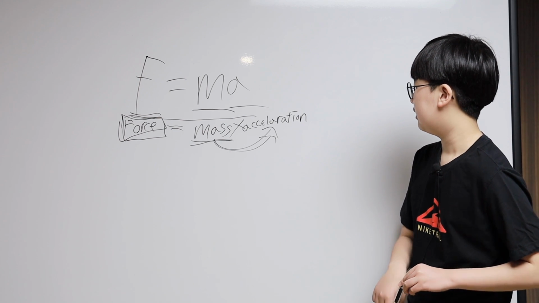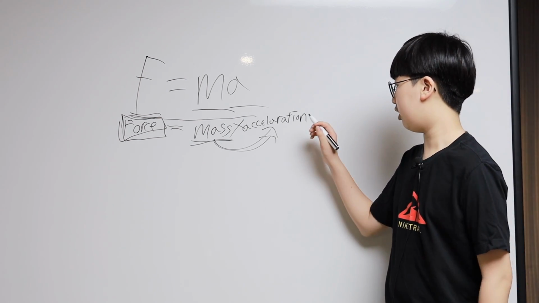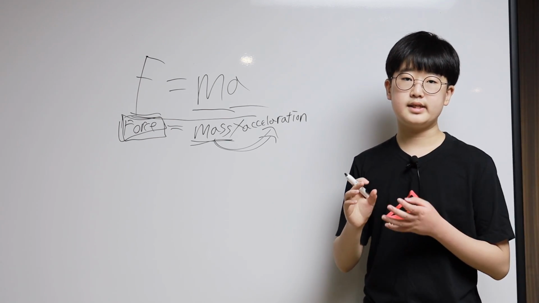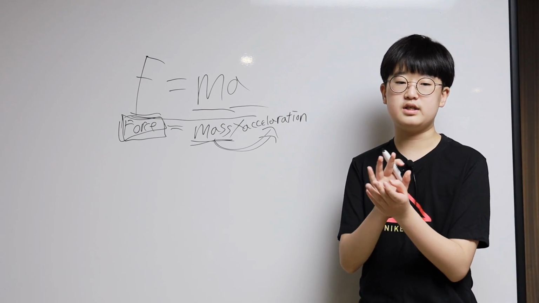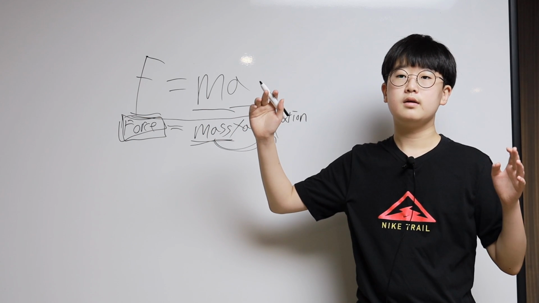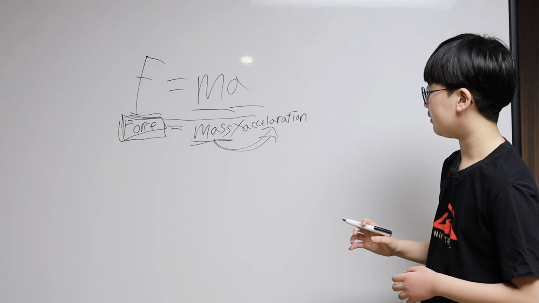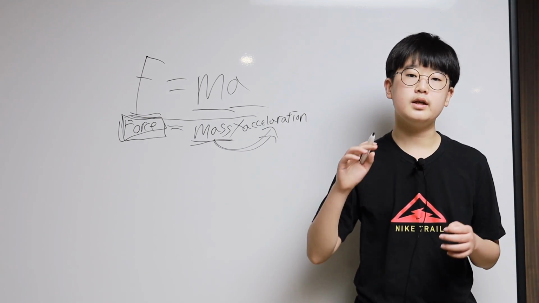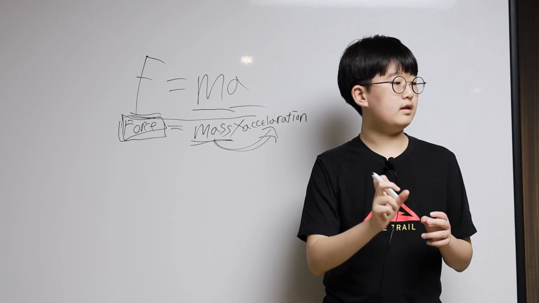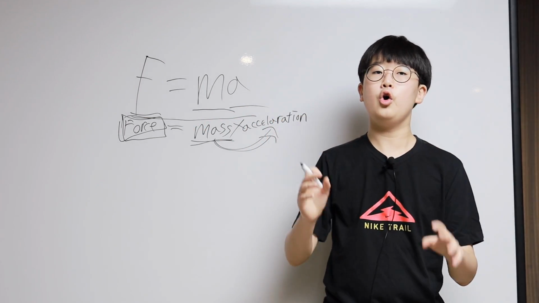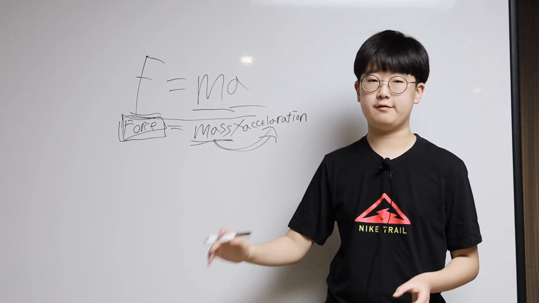And if you don't know, I'm now gonna talk about what acceleration is. Acceleration is the difference between velocities. Acceleration is the difference of velocity over the difference of time.